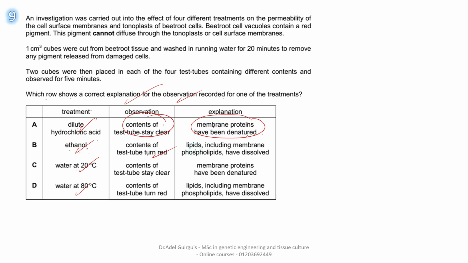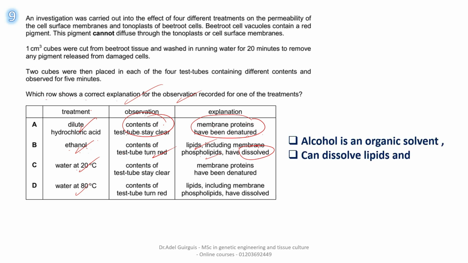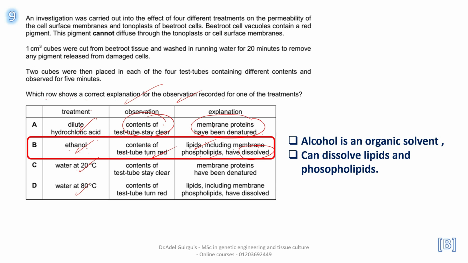Because ethanol is an organic solvent that can dissolve lipids, including the cell surface membrane or membrane phospholipids. So the answer is B. But we need to check. Alcohol is an organic solvent, can dissolve lipids and phospholipids. So the answer is B, right?